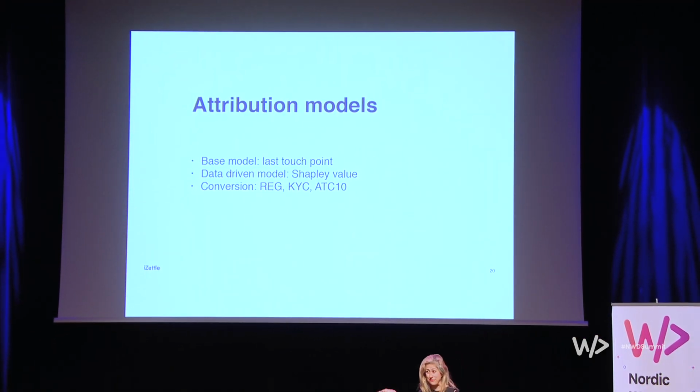Now comes the attribution model that we will build on top of that first data set we built. What we did, and continue to do, is build the last touch model, which is the basic one.